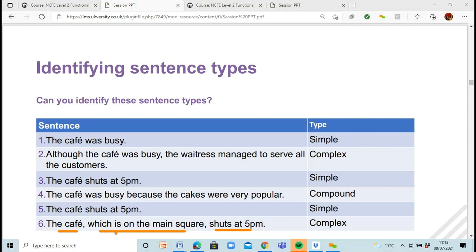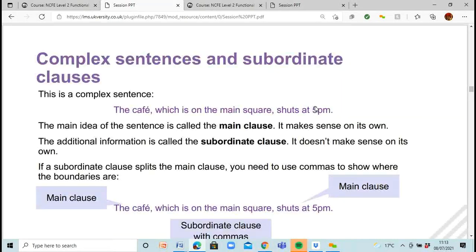So the cafe, which is in the middle of the square, shuts at 5 p.m. So this little table here just identifies how easy it is to make your sentences a little bit more complex and how to put compound sentences together. And to be honest, these things you probably do unconsciously anyway without even realizing it when you're writing things down.